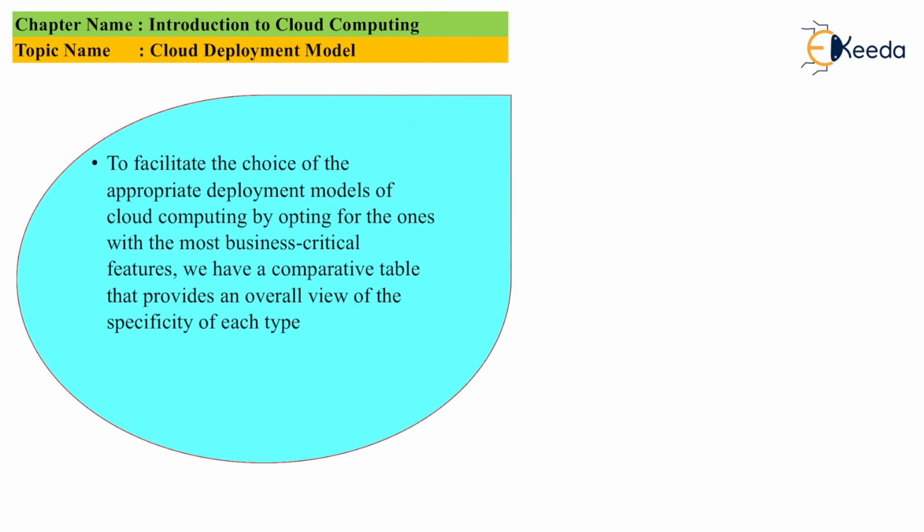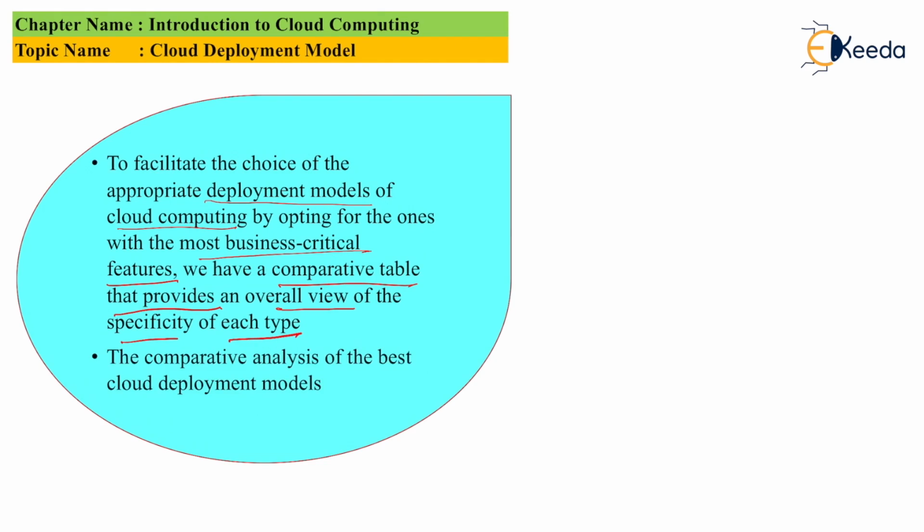To facilitate the choice of the appropriate deployment model of cloud computing, by opting for the ones with the most business critical features, we have a comparative table that provides an overall view of the specifics of each type.